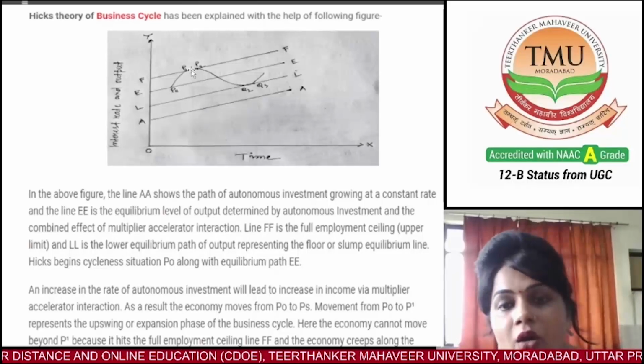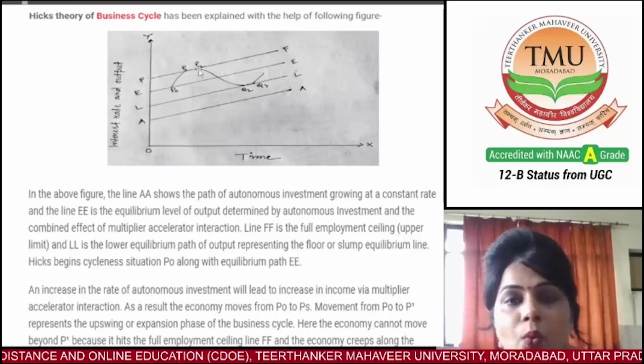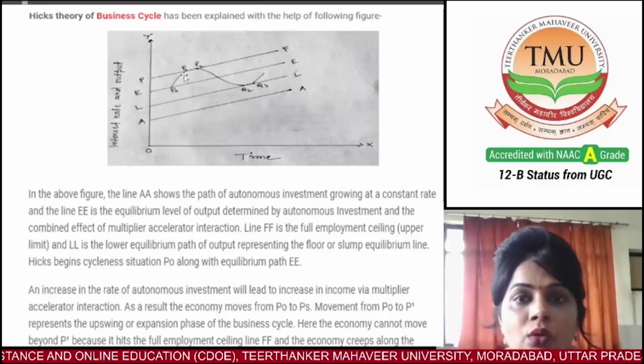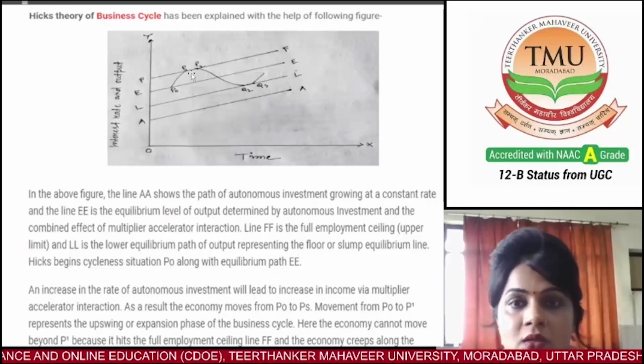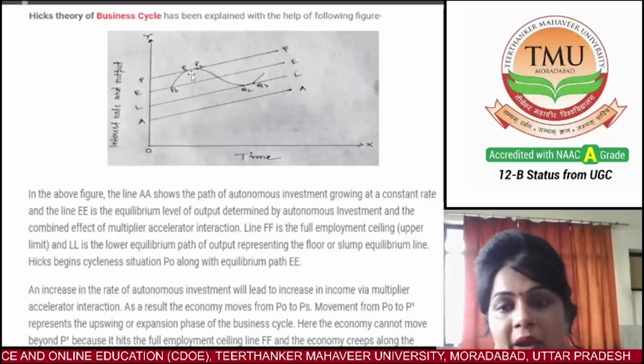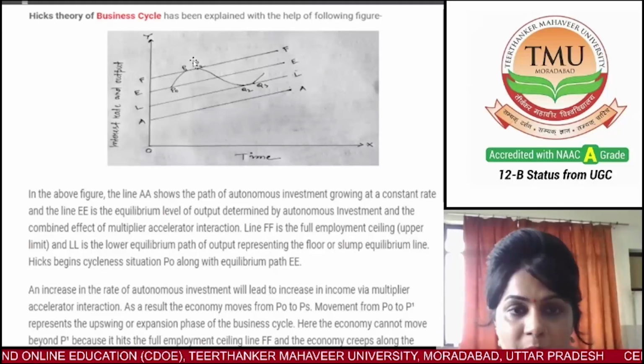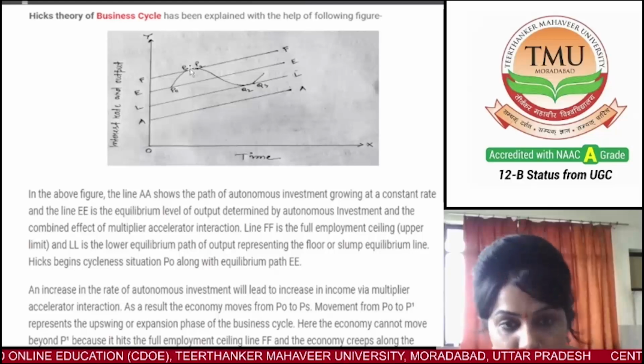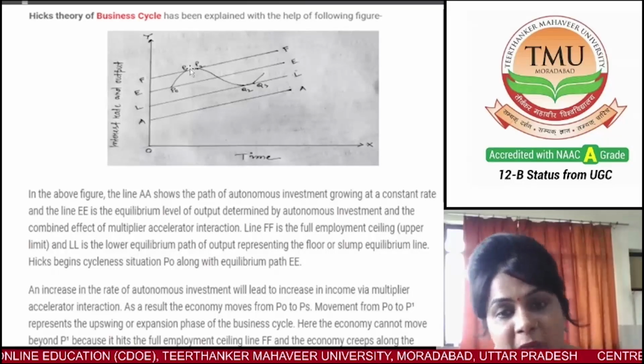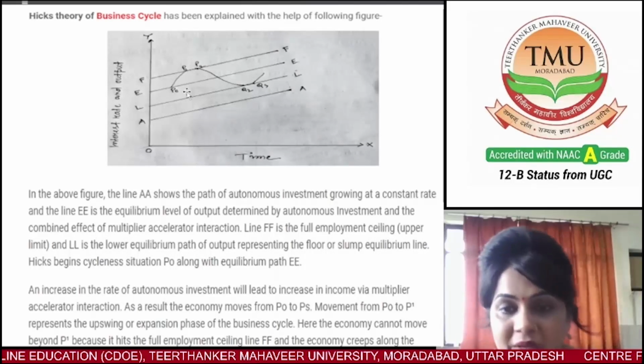As a result, the economy moves from P0 to P1. P0 P1 represents the expansion phase of the business cycle.